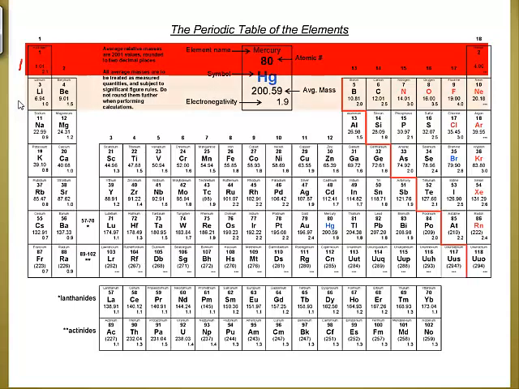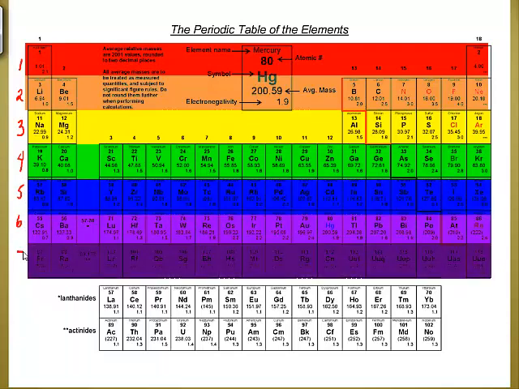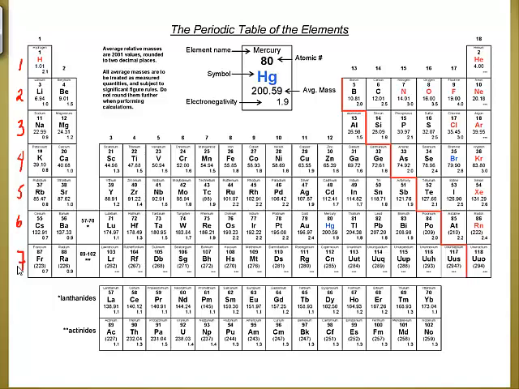This has one energy level. This period has two energy levels. This period has three energy levels, four energy levels, and so on, 5, 6, and 7. Some people actually have periodic tables in their classroom that have these numbers written on them. I don't know, it might be Mr. Kane and Mrs. Goswick.